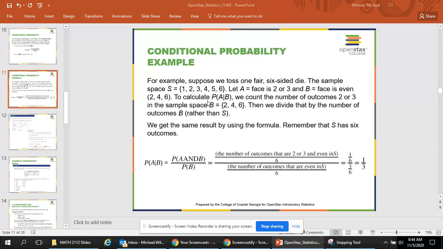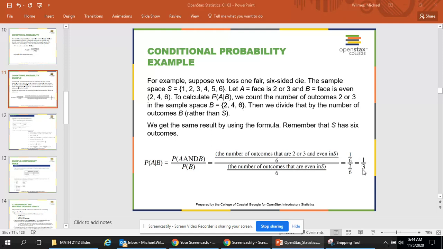To calculate the probability of A given B, what we're going to do is count the number of outcomes from A, 2 or 3, inside of our smaller sample space of B, which is 2, 4, 6. So we ask, which of these are 2 or 3? Well, only one of them is. Only 1 out of 3 of them is. And that's what gives us our answer of 1/3.